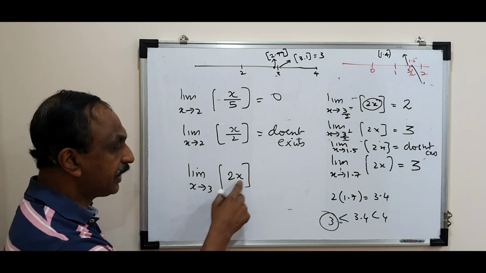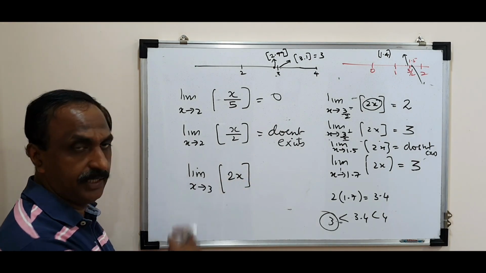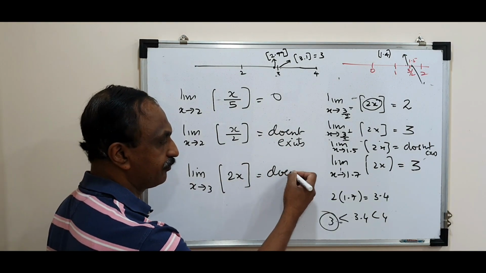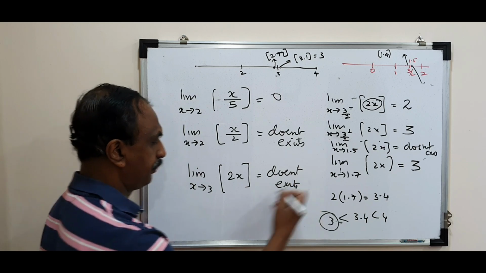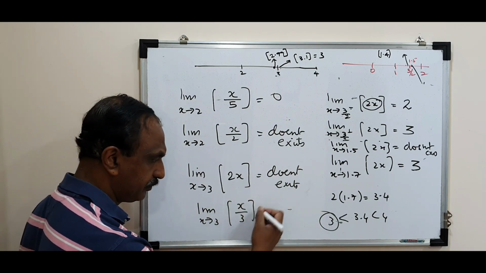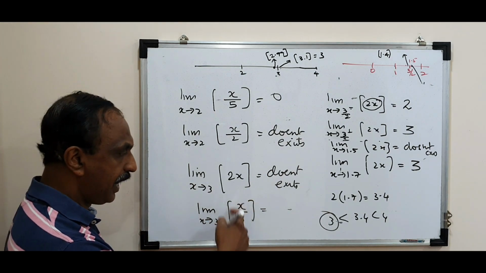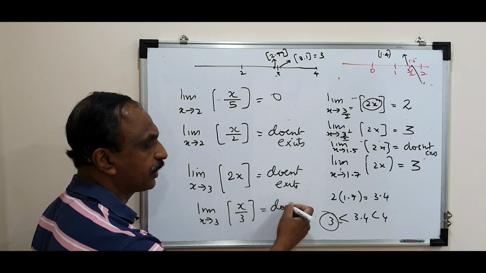When I'm putting x as 3 here, I'm getting 6 as the answer. So it is an integer, so it does not exist. Limit extending to 3, x by 3. I'm going to replace x by 3 here. So I'm getting an integer as answer here, so it does not exist.